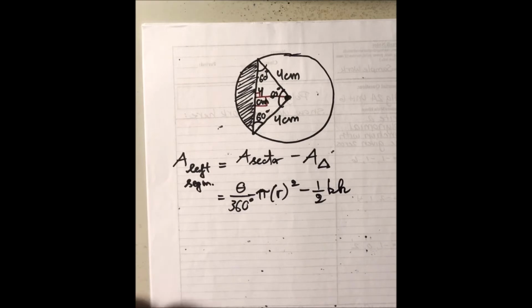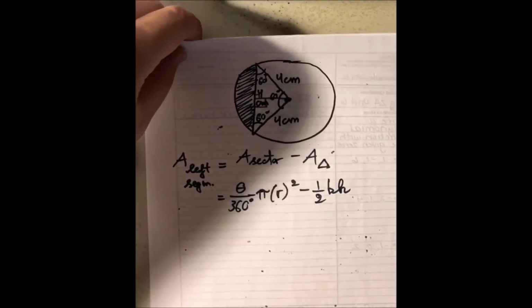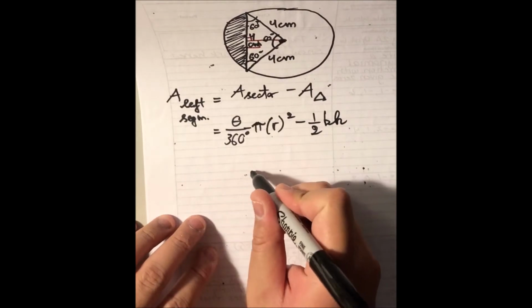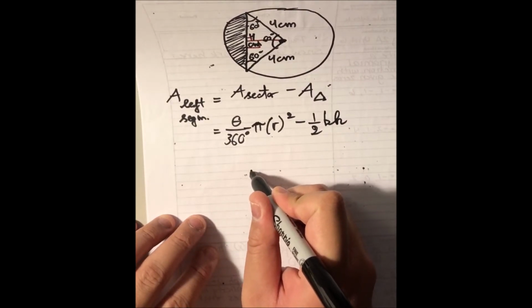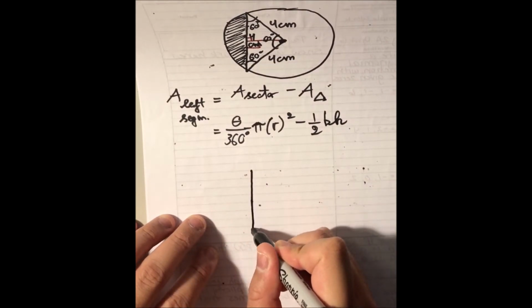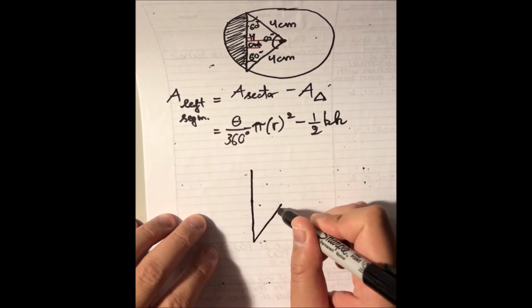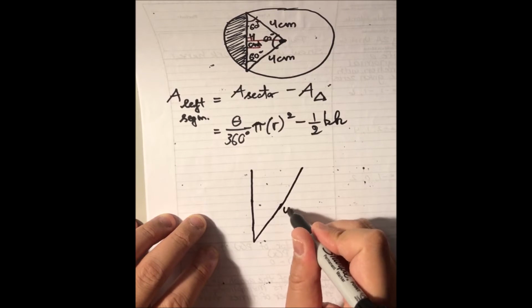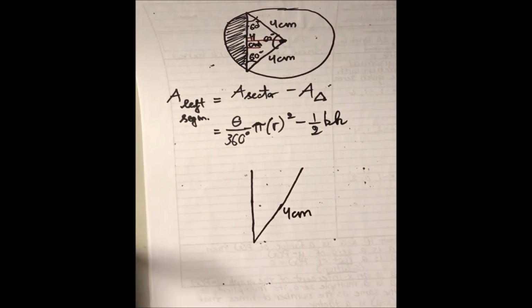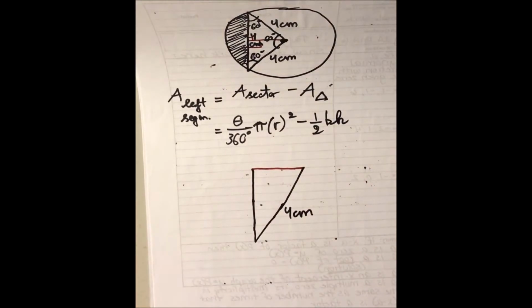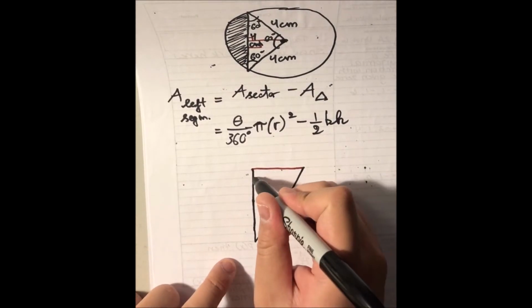So to figure out the height of the triangle, let's say I want to pick the bottom half. So take the bottom half, draw it, and maybe it's going to look something like this. This is 4 centimeters. And this right here is the apothem, which is the height of the triangle.